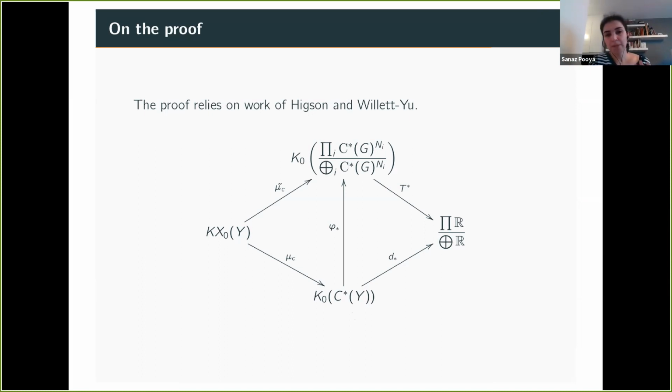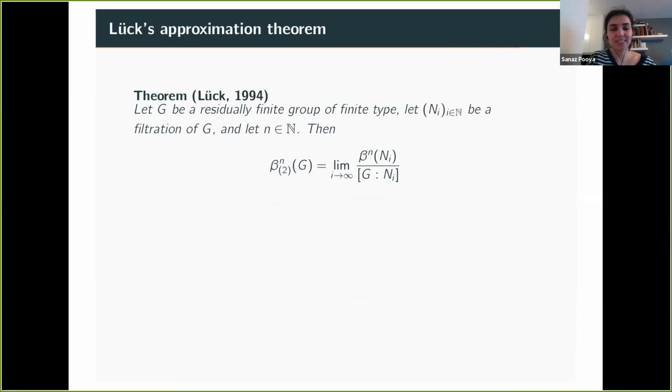Okay, mentioning a comparison between L²-Betti numbers and Betti numbers actually, in a sense, forces us to consider yet another result by Wolfgang Lück, in this case, Lück's approximation theorem, which is a statement about comparison between L²-Betti numbers and Betti numbers.